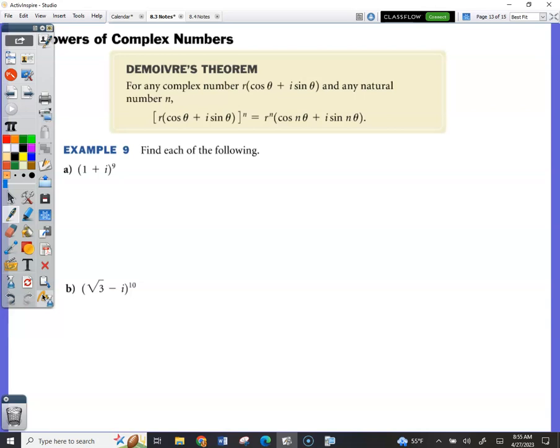Yeah. So this trig form is 2 parentheses cosine 330 plus i sine 330. Okay, and I'm raising that to the 10th power.